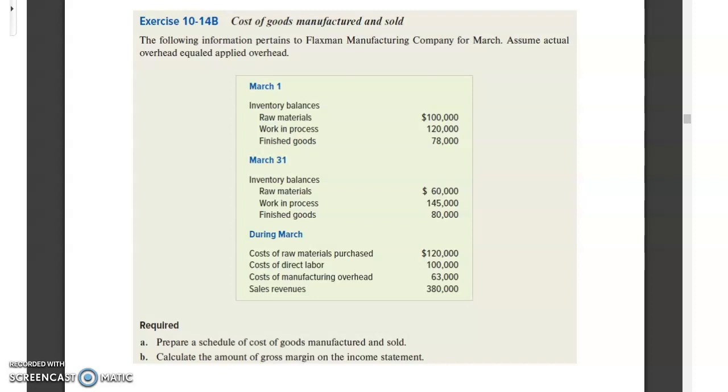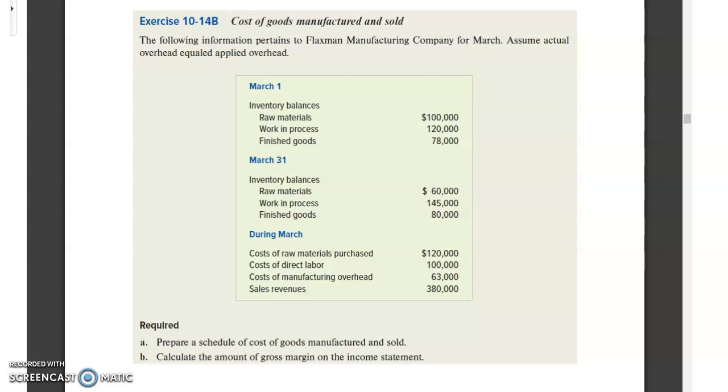The given information here is for 1 month. We've got beginning balances in all three inventory accounts and ending balances in all three inventory accounts. And then we have the costs of materials purchased, the cost of direct labor, the cost of manufacturing overhead, and sales revenue.